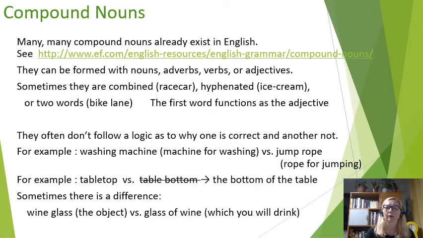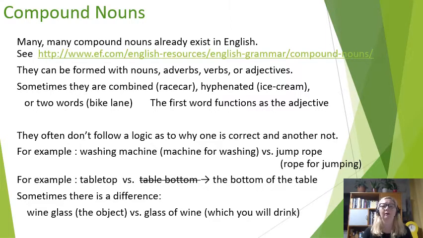Now, these words formed over time sort of arbitrarily, sort of randomly, in the sense that why one would be two words or hyphenated or not. There's not really a logic to that. It just depends on how it came to be, where it was in that point in space and time.